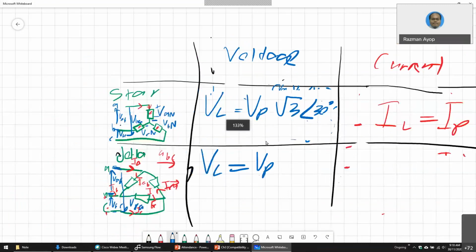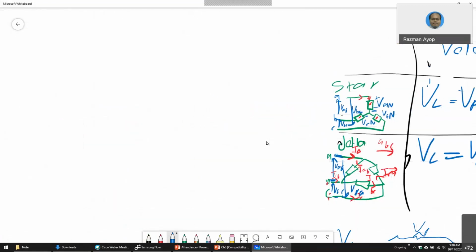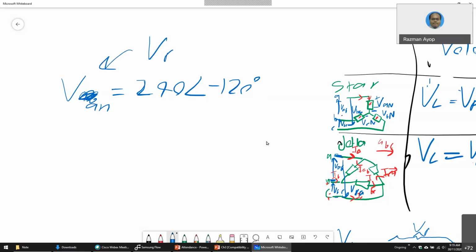How to calculate this? For example, given VAN equals 240 angle negative 120 degrees, VAN is just V phase.